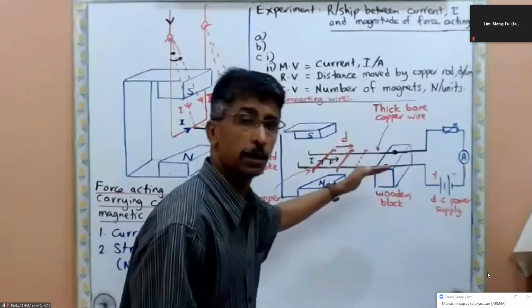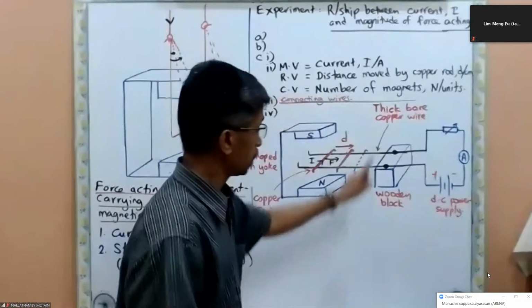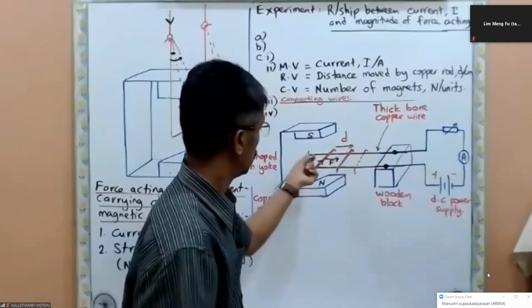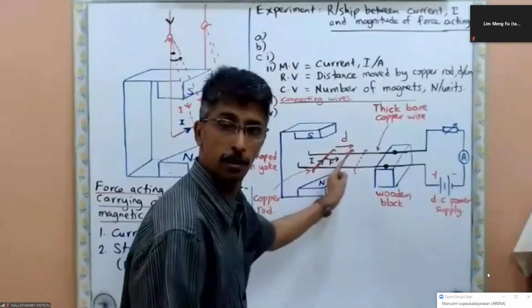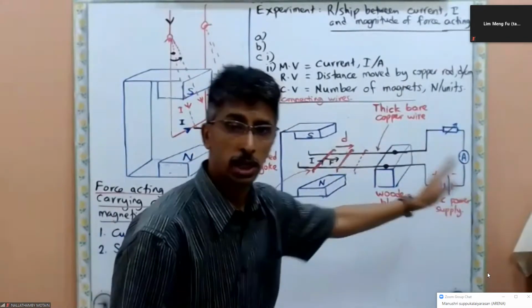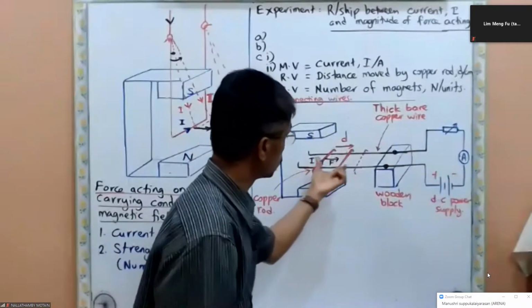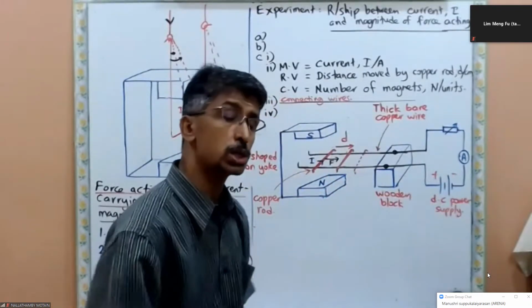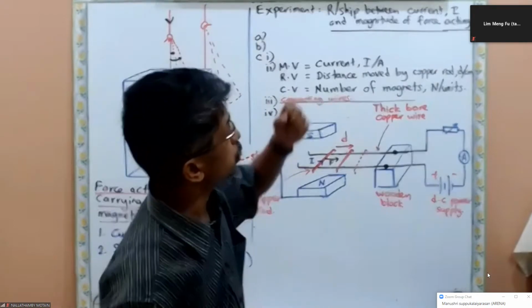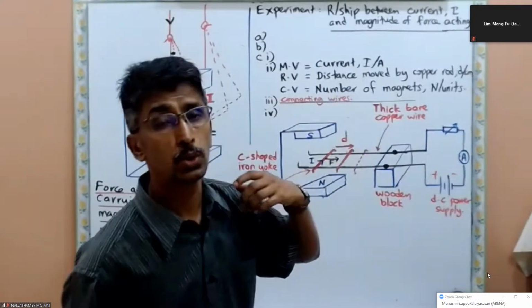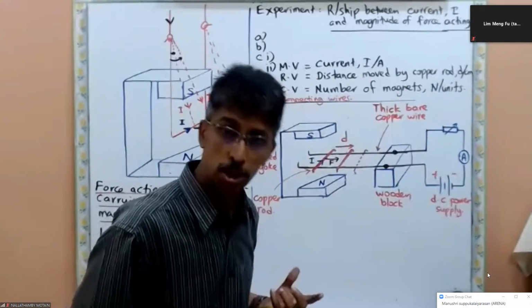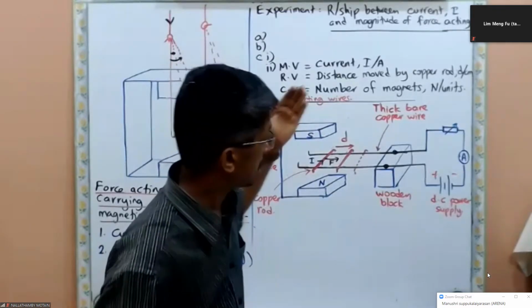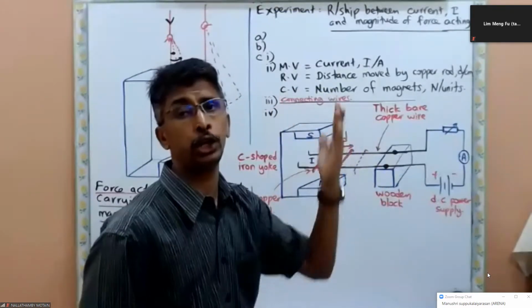For example, diagram 10.1 and 10.2. Current, let's say over here 0.5, and then distance moved. And then one more, 0.6 or 0.8, distance moved is further. So they can ask you to compare the current, compare the distance moved, relate the distance with the force, or relate current and the magnitude of the force acting.